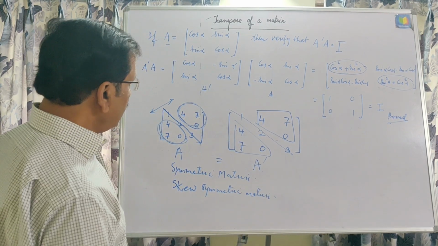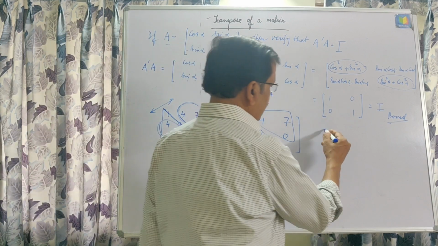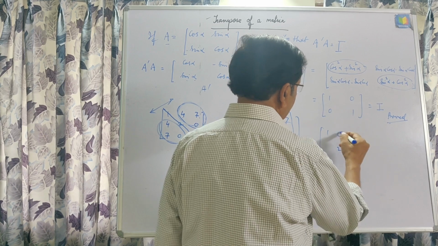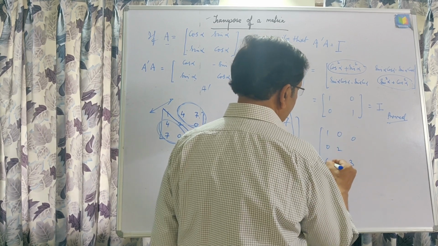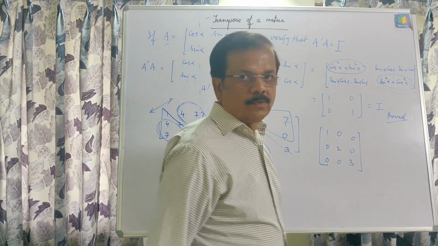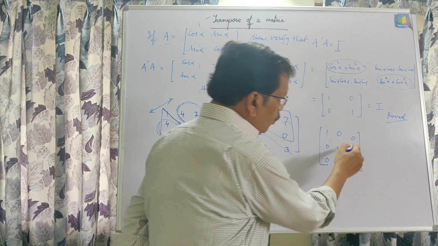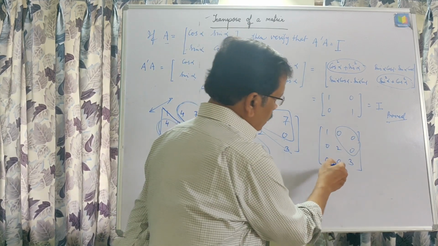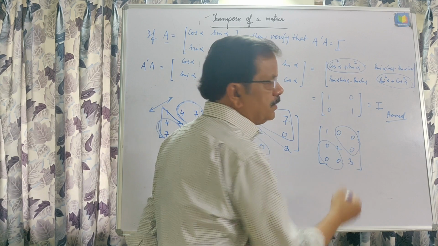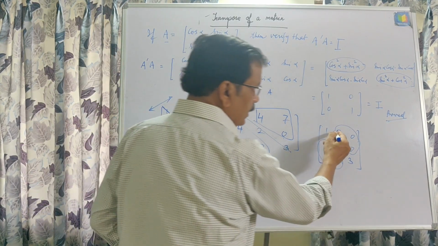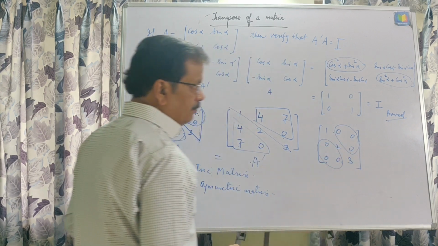Means if in any matrix it is like this, 1, 2, 3, 0, 0, 0, 0, 0, 0, means on both sides the elements are 0, then this is a symmetric matrix, and skew symmetric also because the negative of these numbers will remain the same.